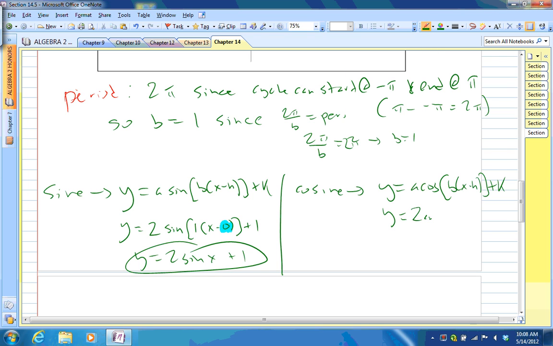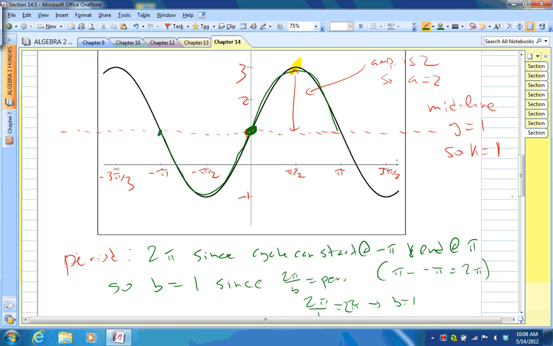So 2 cosine, period is still 2 pi, so B will still be 1. x minus something, and of course plus 1, the midline is 1. But h will be different, because that's how cosine and sine are going to vary. And in this case, we see that it starts at pi over 2.